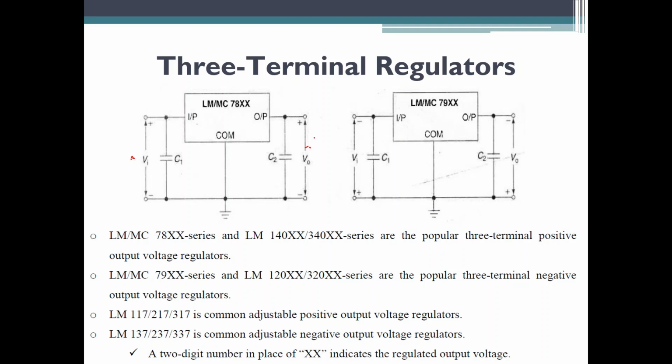Even though there are variations at the input side, the output of this is not going to be varied. So this is how it is going to look. LM 78XX, LM 79XX. Basically these are the very popular 3 terminal voltage regulators.